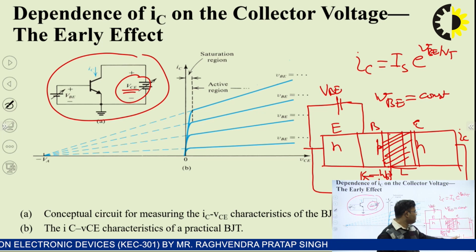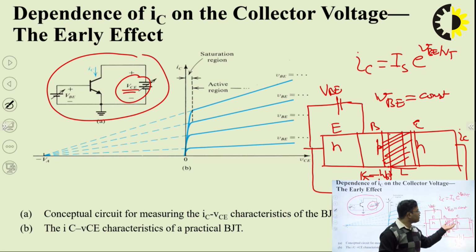With increasing VCE, there will be an increment in the width of the depletion region. Means with increment in VCE, we are getting a wider depletion region. What is the effect of widening the depletion region? The effective width of the base region will be lowered.